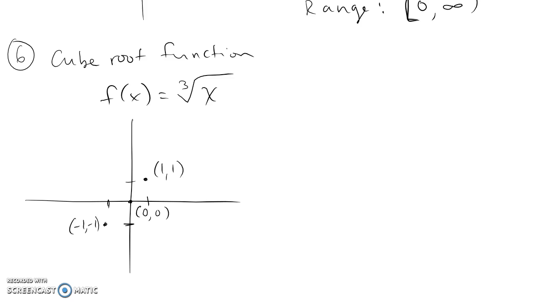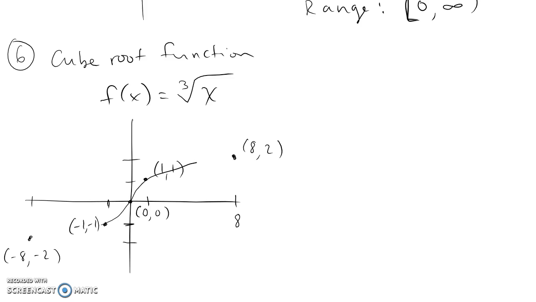Remember that you can take a cube root of a negative. And then, again, we want to plug in something that has a nice even cube root so that we can graph more easily. Let's choose 8. The cube root of 8 is 2, and the cube root of -8 is -2.